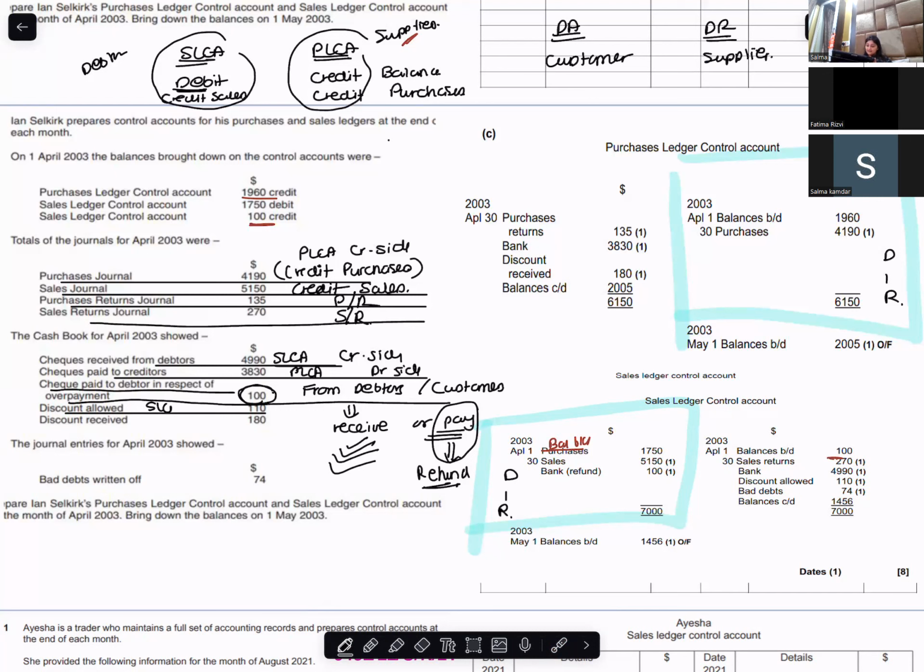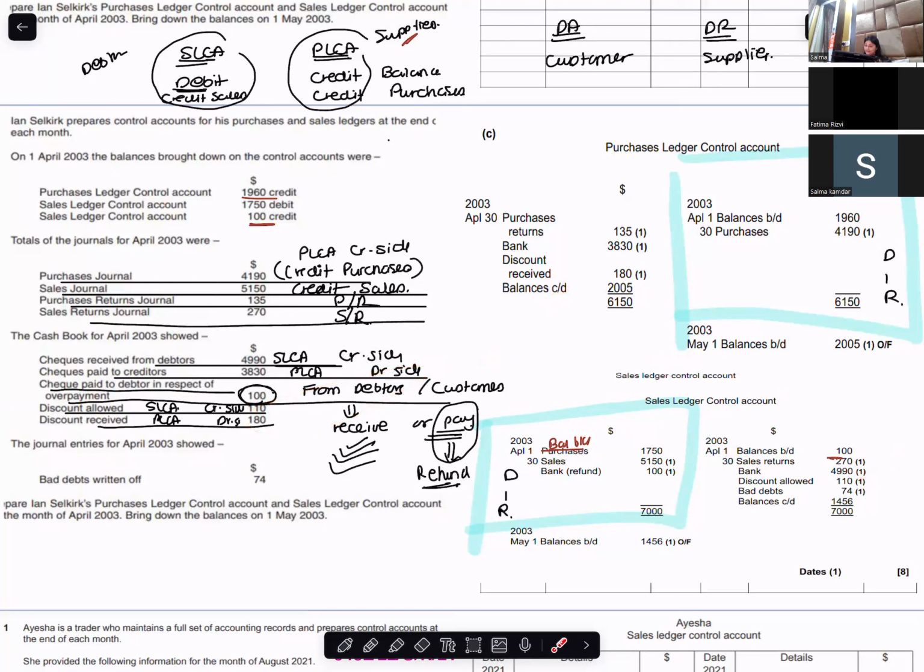Discount allowed will be SLCA, which side? Credit side, and discount received, PLCA debit side. Check. It is just a format chapter.